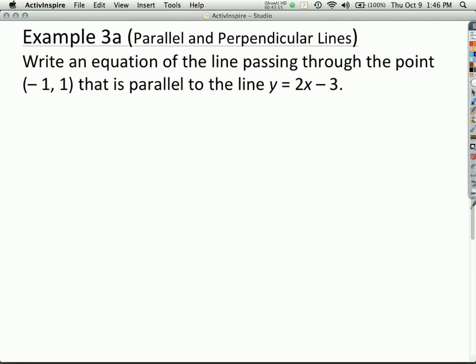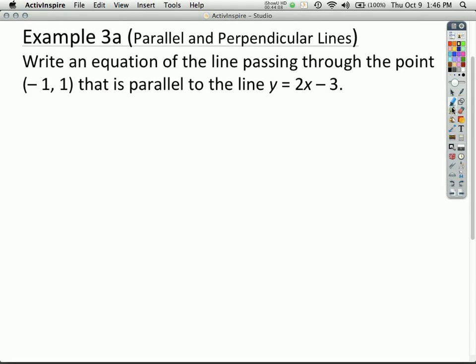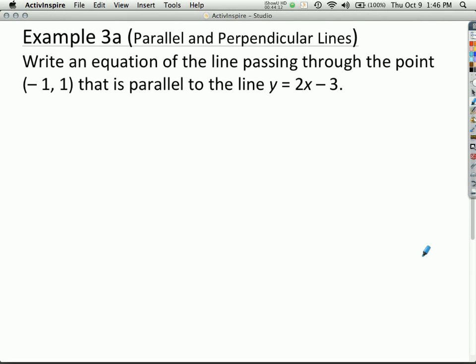Write an equation of the line passing through (-1, 1) that is parallel to the line y equals 2x minus 3. Now, I've taught this idea for a long time, and I understand children's reactions. You get very lost with this being here.